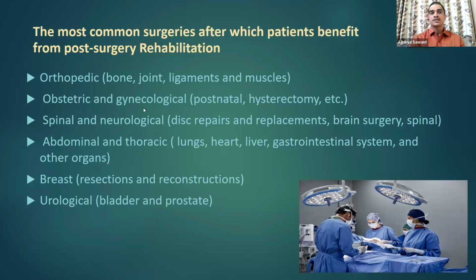Breast resection and reconstruction, mostly done in cancer surgeries. So cancer surgeries and urological, which is bladder and prostate. So these are the common surgeries which patients benefit from post-surgical rehabilitation.